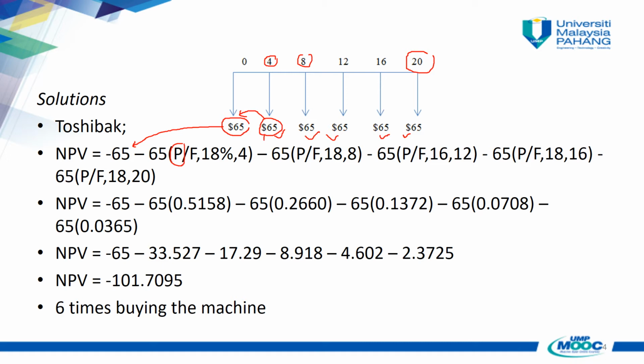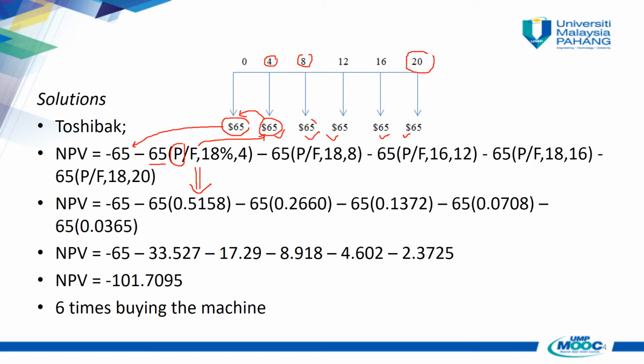F is 65,000. So we need to multiply this 65 to find P when we know the F at 18% interest rate at 4 years. Finding P when you know the F, we need to refer to our compound interest table column, and from that column, we see that the number is 0.5158.